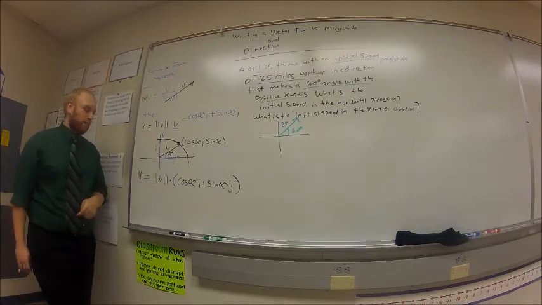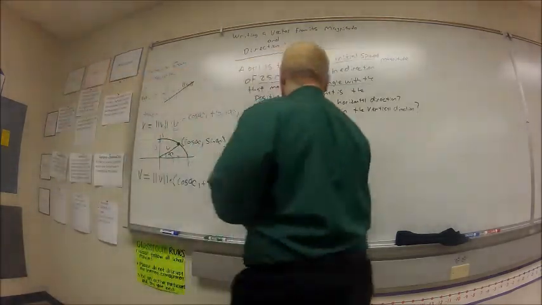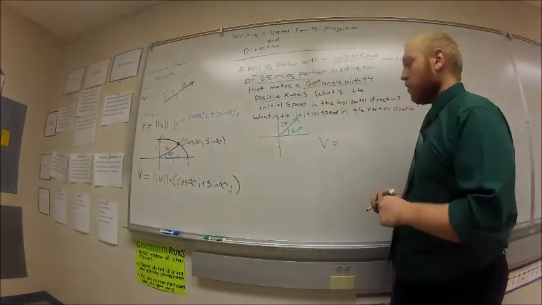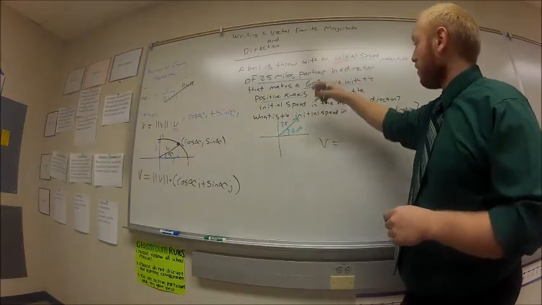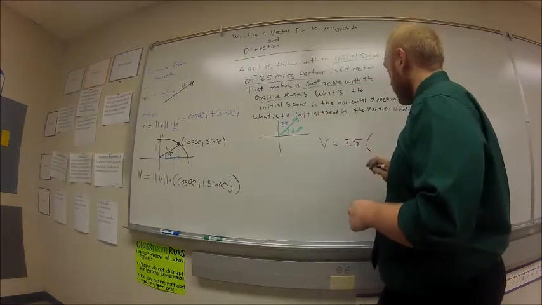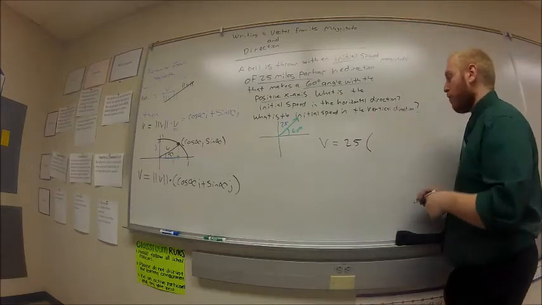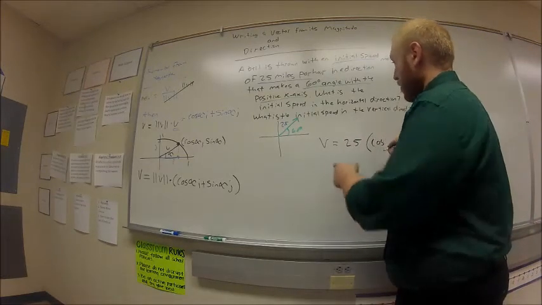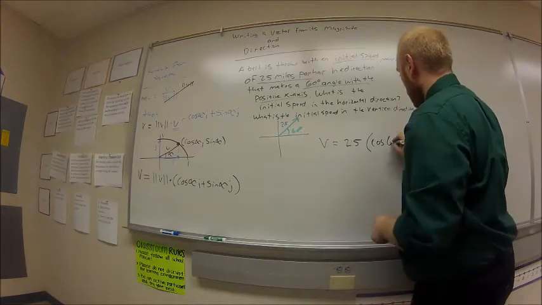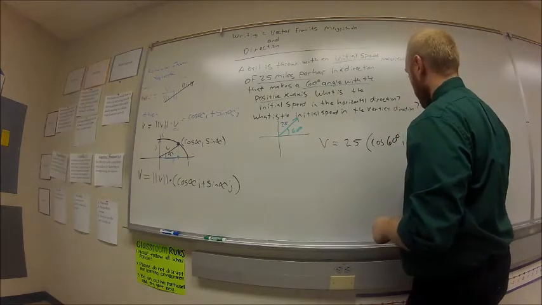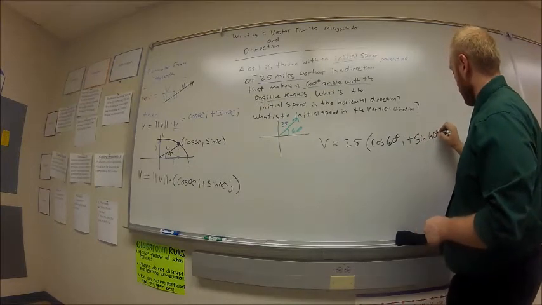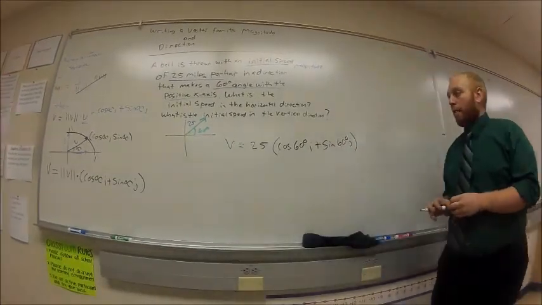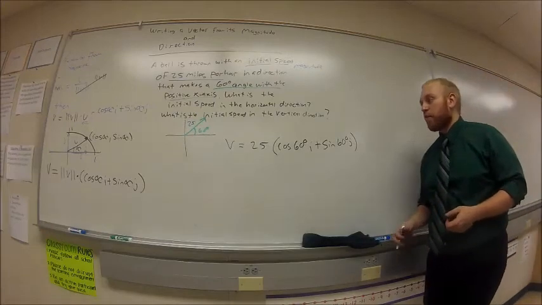We can plug it into the formula. So, the vector equals the magnitude of v, we know that was 25, 25 times cosine alpha, 60 degrees, i plus sine of 60 degrees, j. Well, from here, you gotta simplify it.